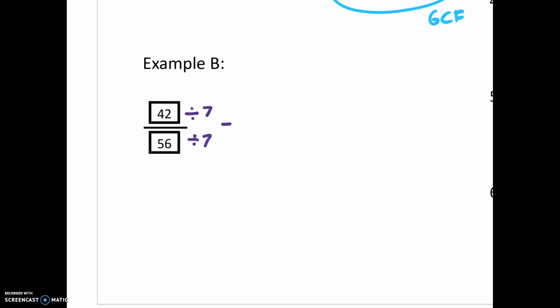Okay, so if I divide 42 by 7, I'm going to get 6. And then if I divide 56 by 7, I'm going to get 8. So we did reduce our fraction, right? It's smaller, but it's not all the way reduced. If we look at these two numbers, we might notice 2 still goes into both of them.